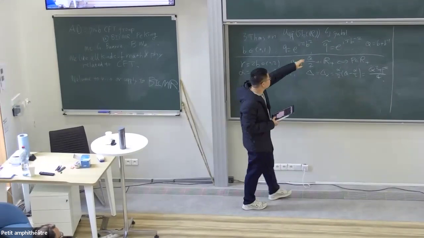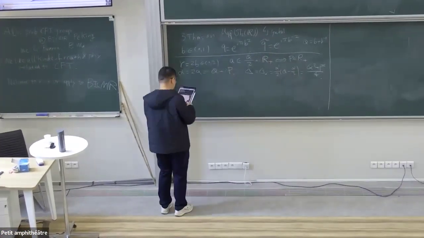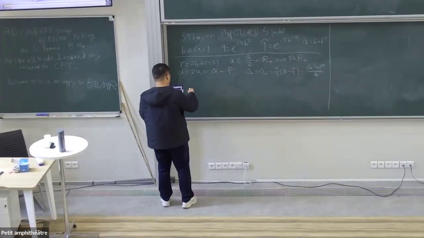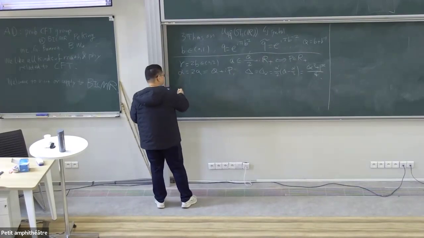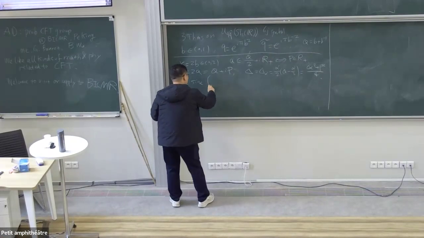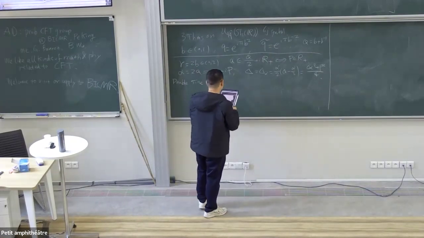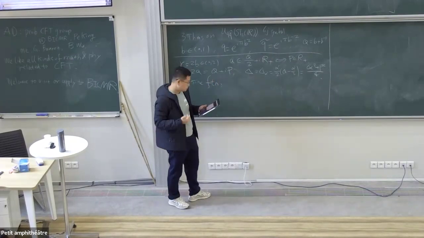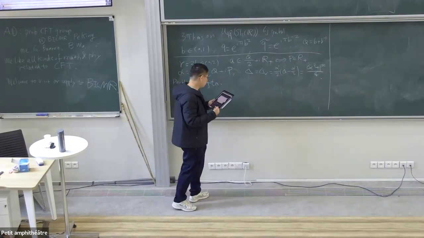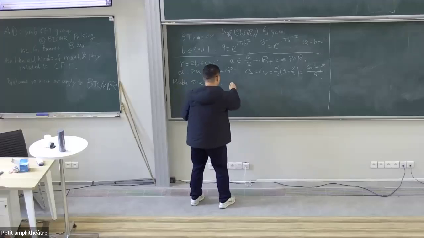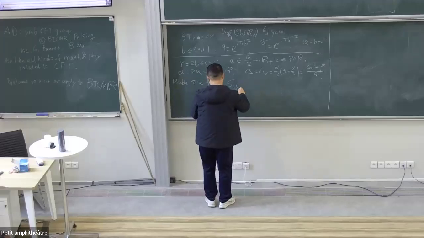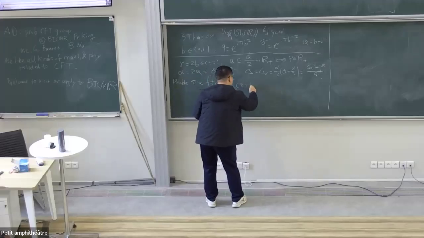So in order to define this function, I need to first introduce this so-called double sine function. So the double sine function is a meromorphic function specified by two shift equations. So it is a solution of this shift equation.